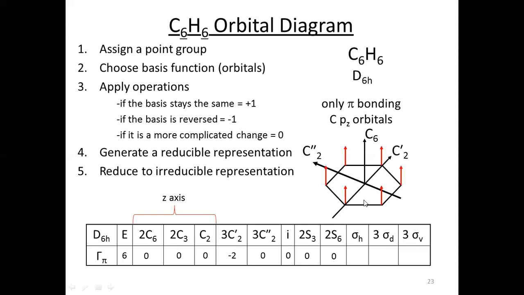But in the mirror image, your positive sign will appear as negative and negative sign will appear as positive. So all the orbitals are at the same position, but the signs are reversed. That's why I have put 6, because 6 orbitals are remaining at the same position, but signs are reversed.